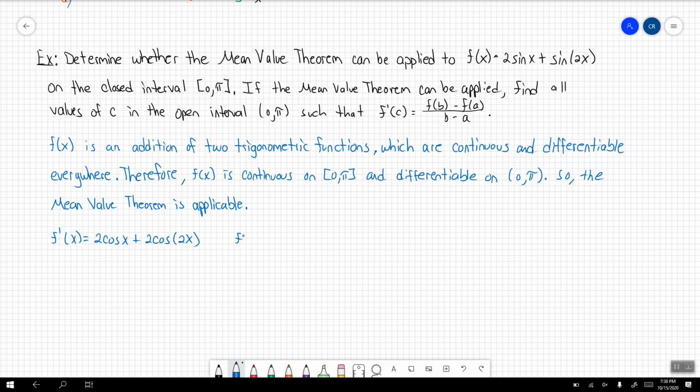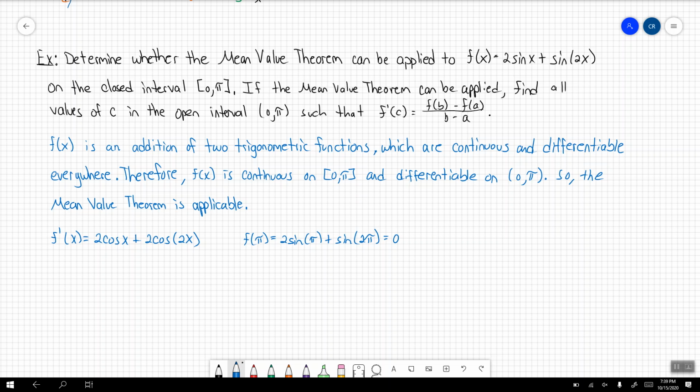So here I'm going to go with f of pi. This is 2 sine at pi plus sine at 2 pi. Both of the values, sine at pi and sine at 2 pi, are 0.